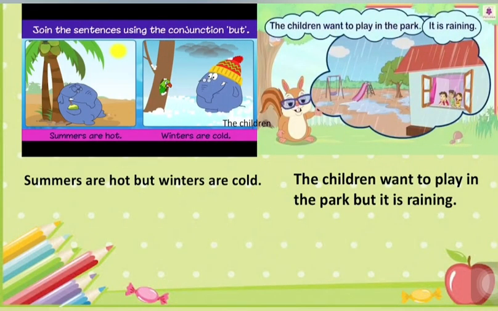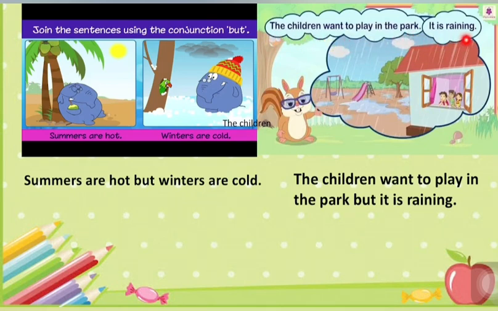Let's have a look at some other examples. Summers are hot. Winters are cold. Again, an opposite situation. Summers are hot, but winters are cold. See children, this is how we connected the opposite situation. The children want to play in the park. It is raining.